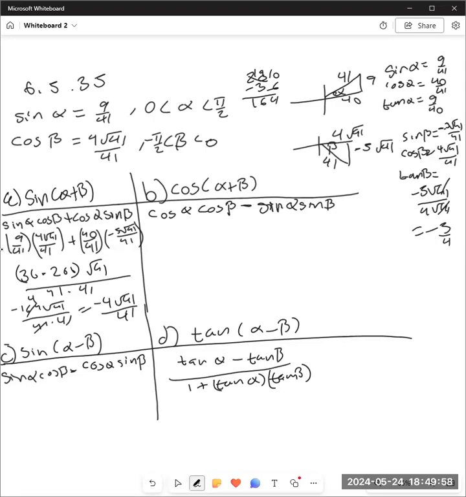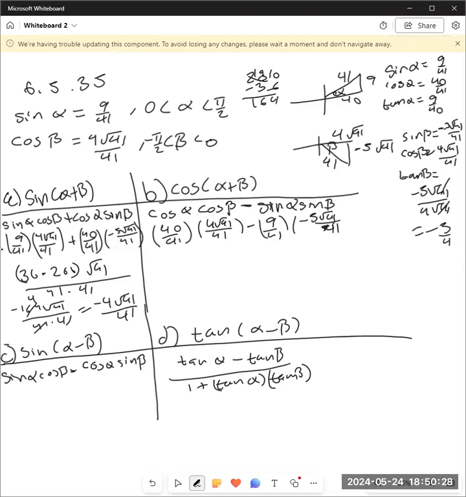Then cosine alpha 40 over 41. Cosine beta is 4 root 41 over 41 minus sine alpha 9 over 41 times sine beta -5 root 41 over 41.